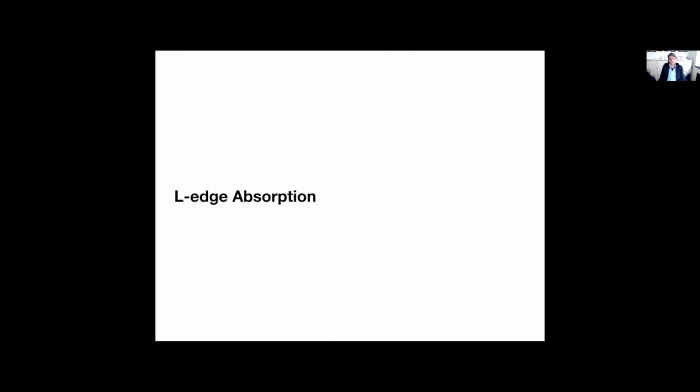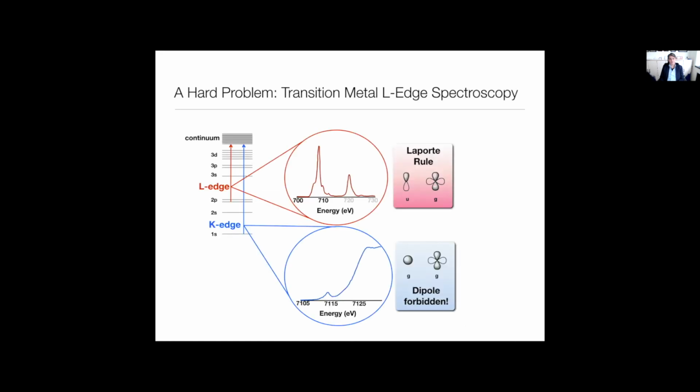Now, let's go to more complicated spectra, and I want to bring up here the L-edge. The L-edge absorption spectrum arises from exciting 2p electrons into the 3d manifold, and of course that is a Laporte allowed, so dipole allowed excitation.